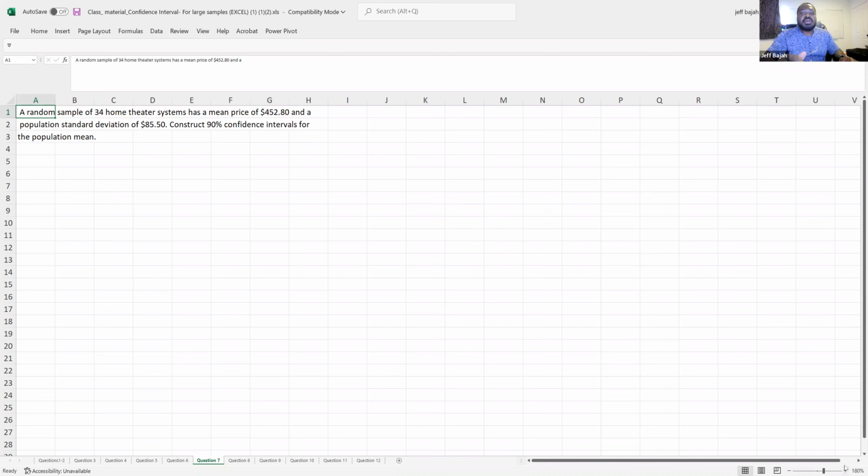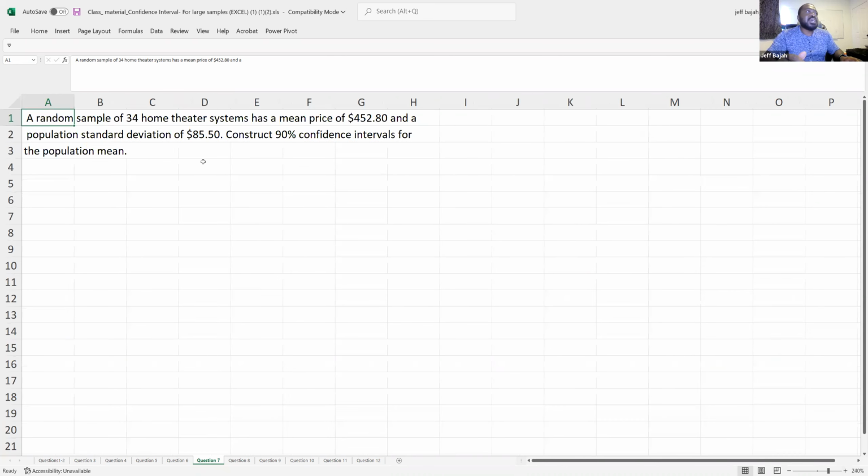So here, what we're saying is, what if you randomly select, and let's assume that you are someone who works in the business and you want to find out what the average price of a home theater system is, right? So we're going to go with that assumption. And so in this case, you selected 34 home theaters, right?